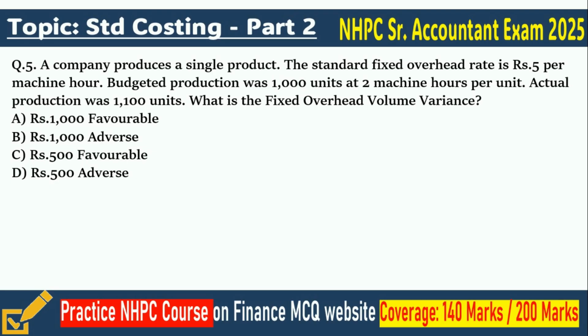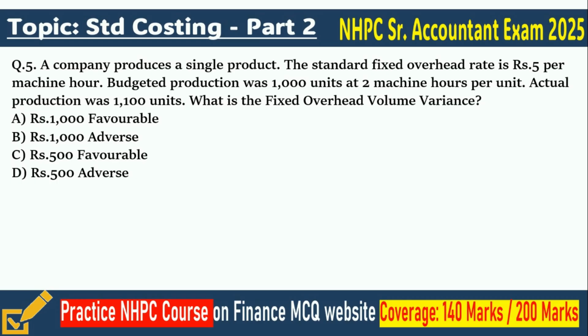So friends, to solve the question, first of all you should know the formula for calculating fixed overhead volume variance. The formula is actual production minus budgeted production in units, multiplied by standard fixed overhead rate per unit. Here they have given the standard fixed overhead rate is rupees 5 per machine hour and total machine hours is 2.